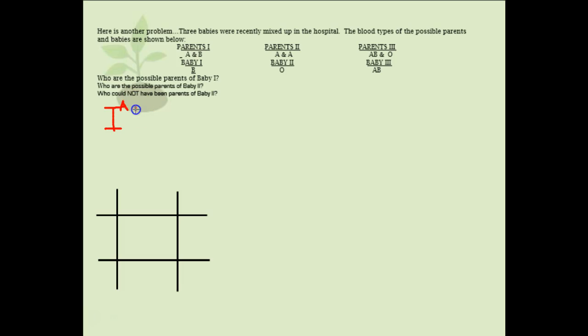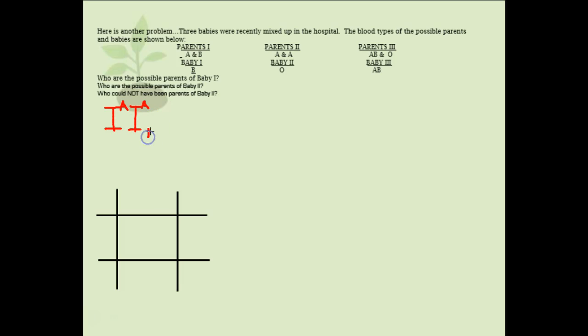So for an A type blood individual, I can have two capital A alleles attached to the I. They're codominant, and this individual would be considered homozygous for A-type blood.